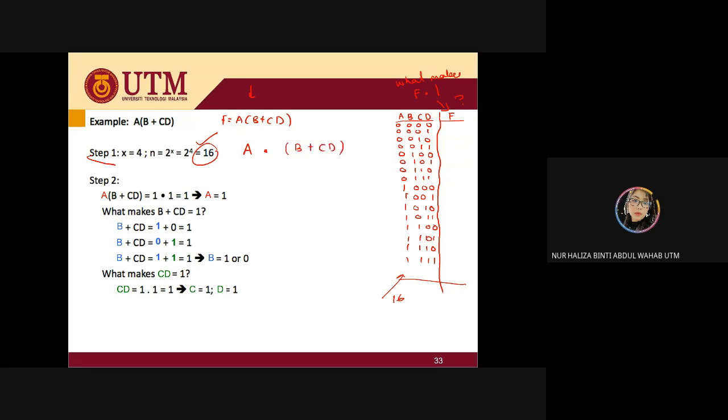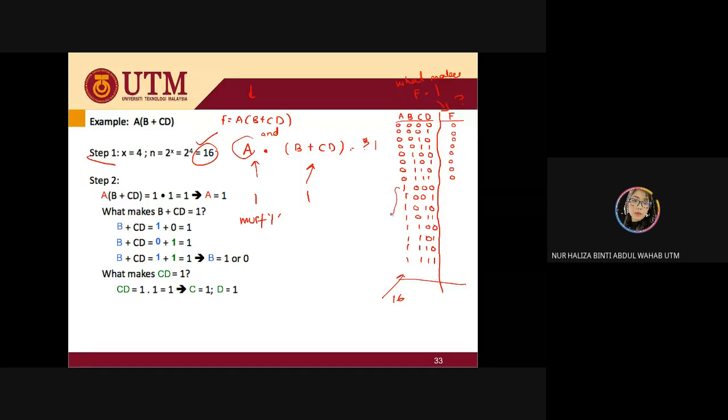You know already for an AND gate, your output will be 1 only if both are 1 and 1, isn't it? So A must be 1. You can see all the others here are 0, 0, 0, 0, so your output is directly 0.